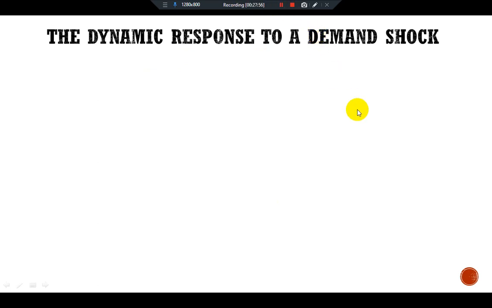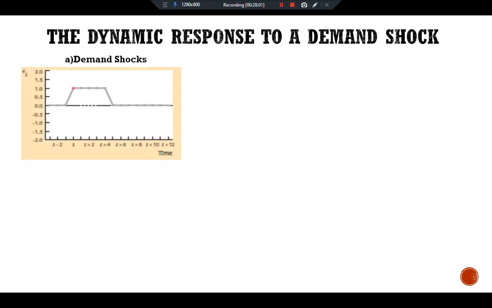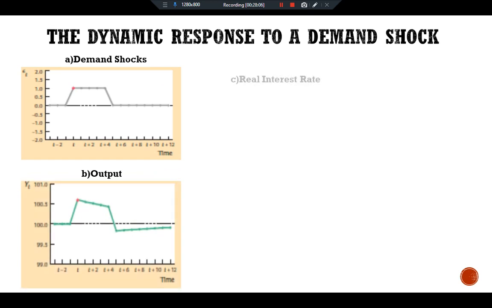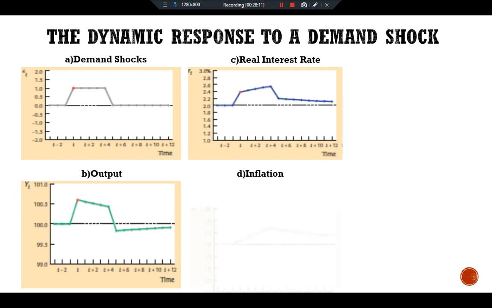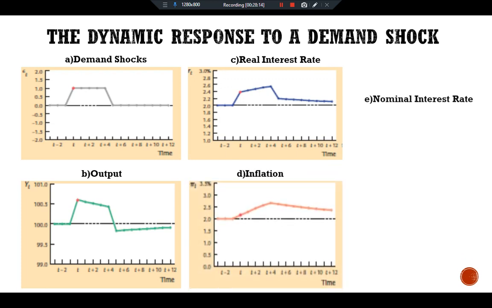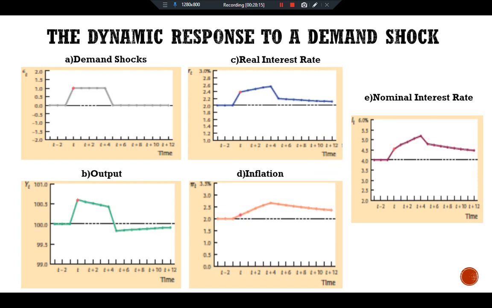Here we have 5 panels for the graphical presentation: demand shock, output, real interest rate, inflation, and nominal interest rate, the 5th panel. So this figure shows the time path of the key variables in the model in response to the demand shock. Note that the positive demand shock increases the real and nominal interest rate.